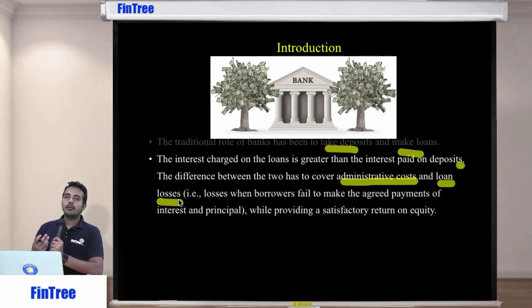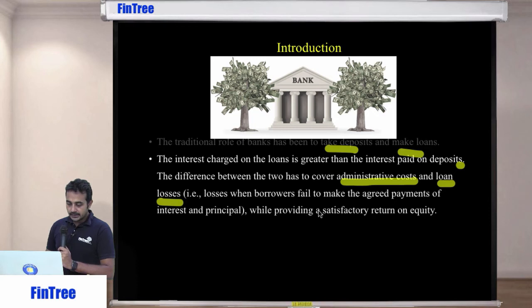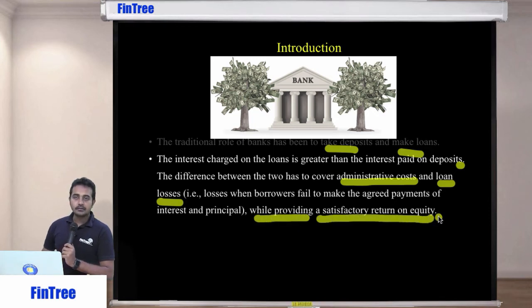Plus there would be a certain amount of NPAs, non-performing assets, so there would be certain defaults on the loans. So that 1.5 should be large enough to cover all these expenses and losses, and after that you should have some profits, while providing a satisfactory return on equity.